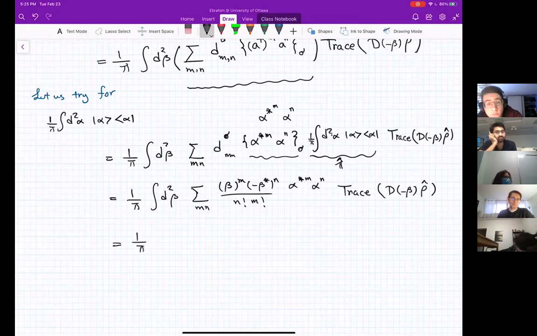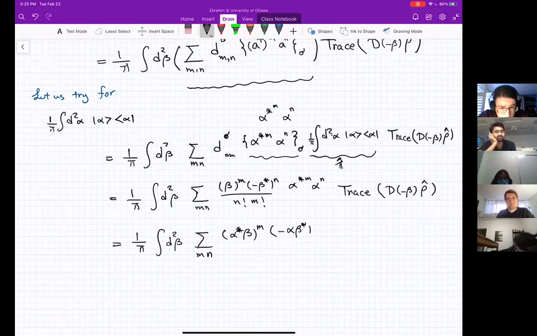That's 1 divided by pi, integral of d2 beta, summation of m, n, alpha star beta power of m minus alpha beta star power of n divided by n factorial, trace of D minus beta rho.